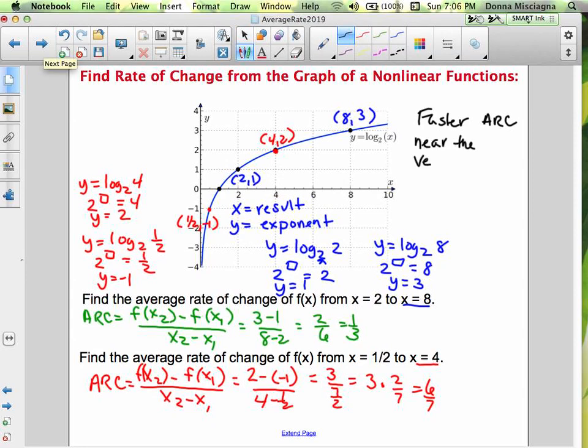Look how steep the graph is as we get closer. The vertical asymptote is right here at 0, because there's nothing you can raise 2 to get 0. And then the average rate of change slows down as x increases.